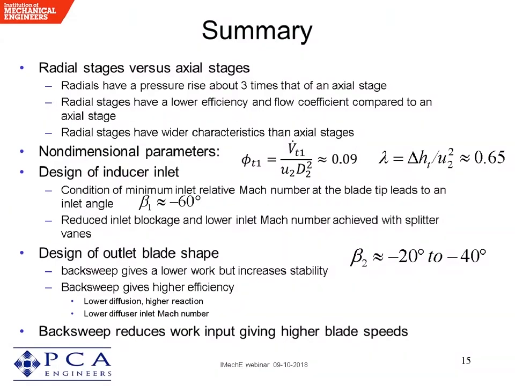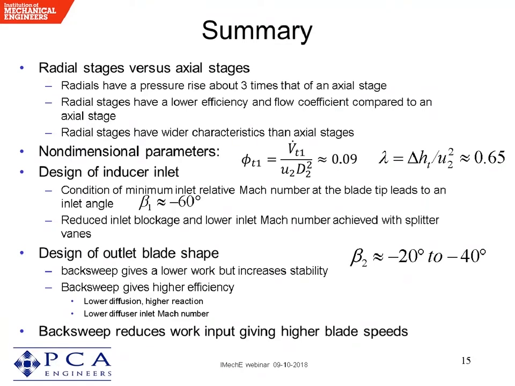They have a lower efficiency than an axial stage, and they have a lower flow compared to an axial stage. But they have wider characteristics than axial stages. The two non-dimensional parameters that are really important are the flow coefficient, and I would recommend a value of 0.09, and the work coefficient, I'd recommend a value of 0.65.